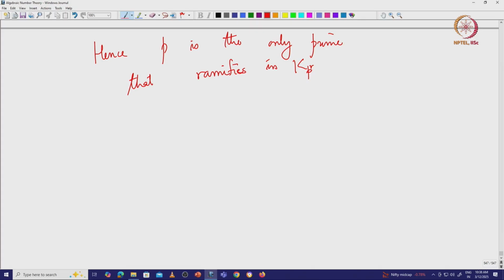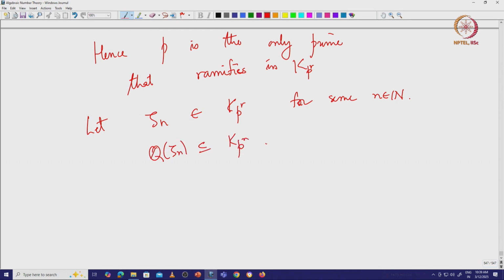Q(zeta_{p^r}). So, let zeta_n belong to Q(zeta_{p^r}) for some n inside the natural numbers. Then what we have is Q(zeta_n) is contained in Q(zeta_{p^r}), right.